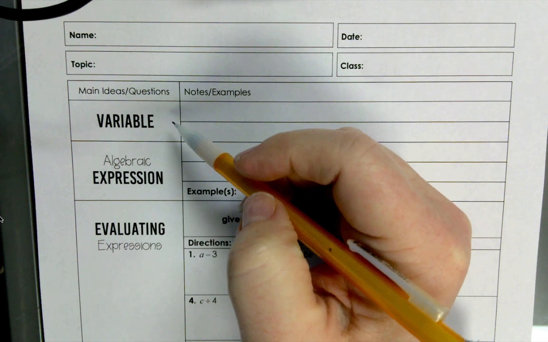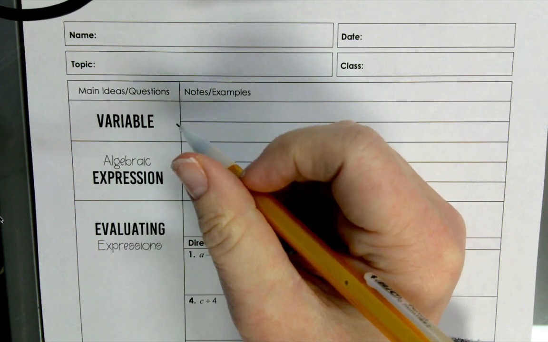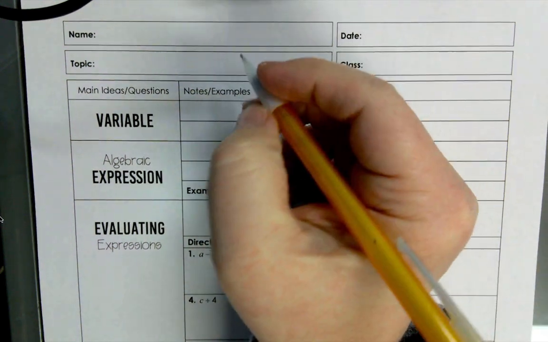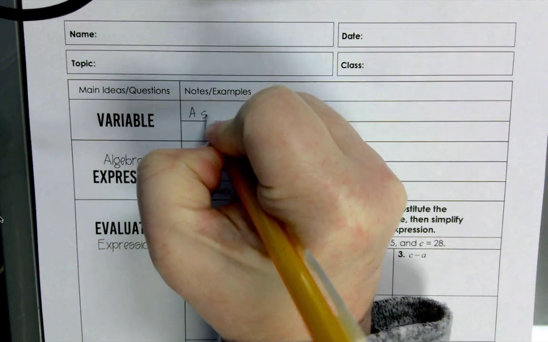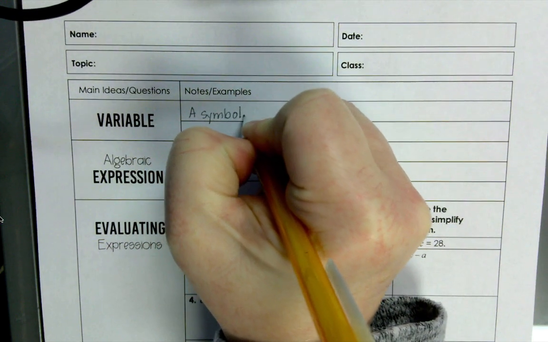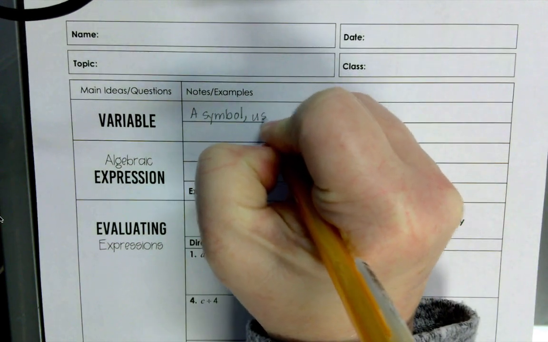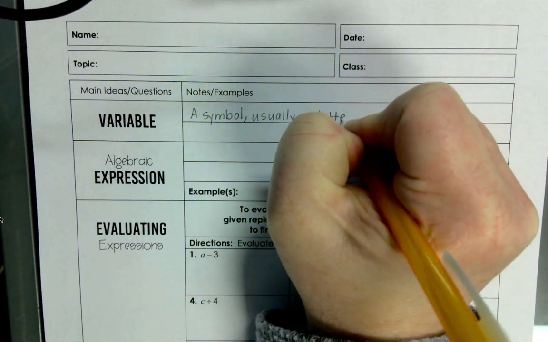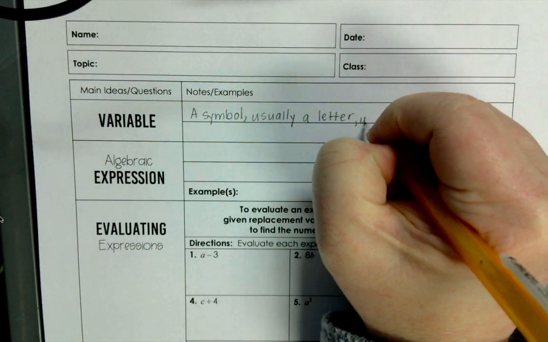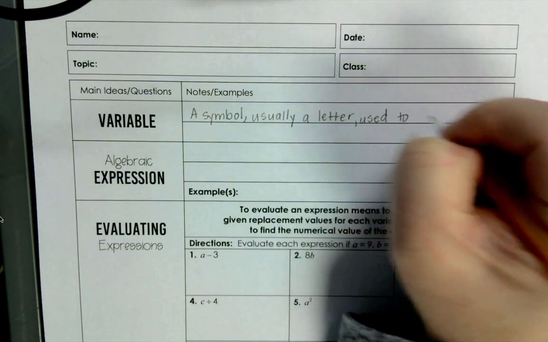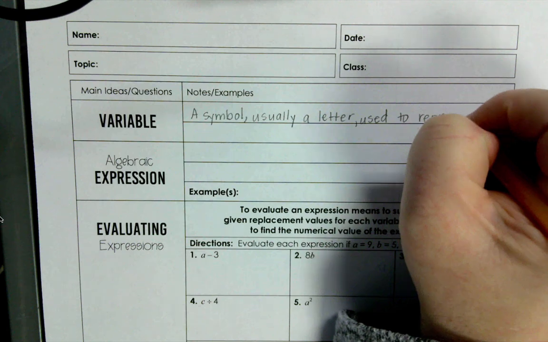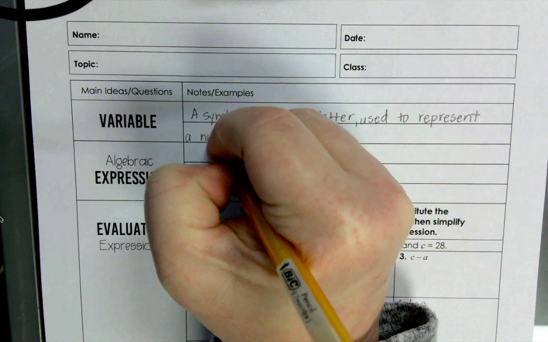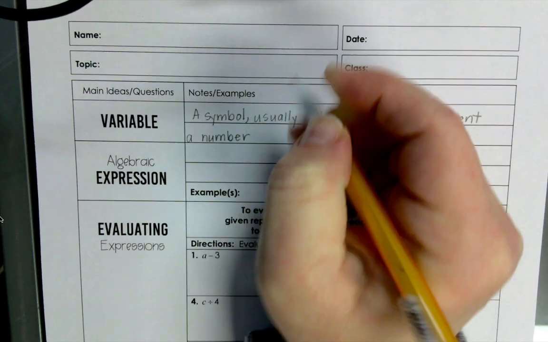Now, a variable, I mentioned it on January 9th, if you remember. Variable, okay? It is a symbol, usually a letter, used to represent a number or quantity.